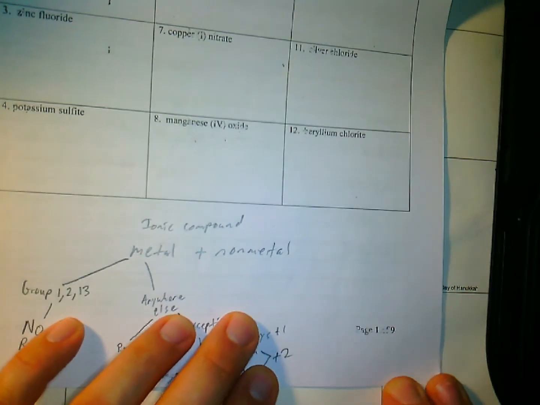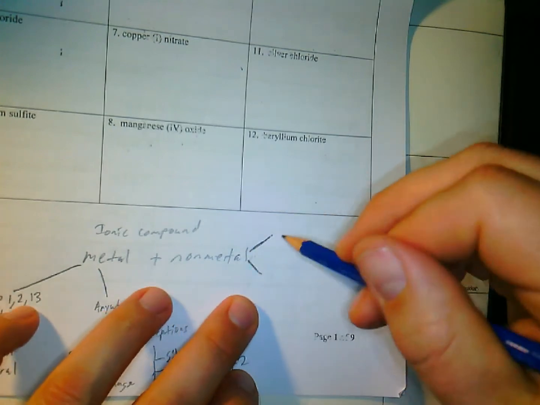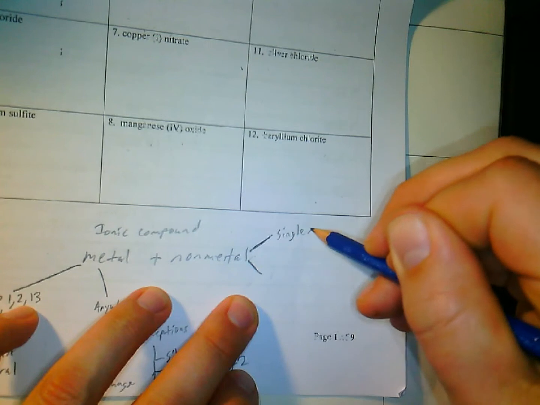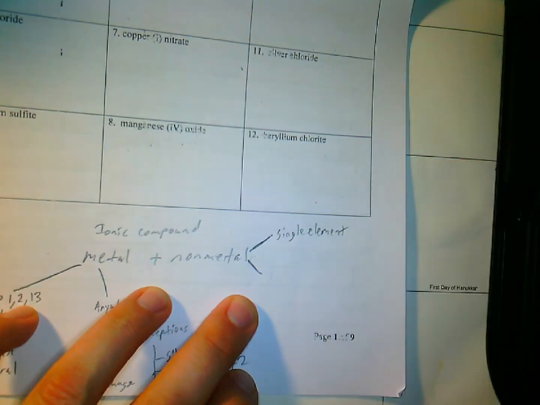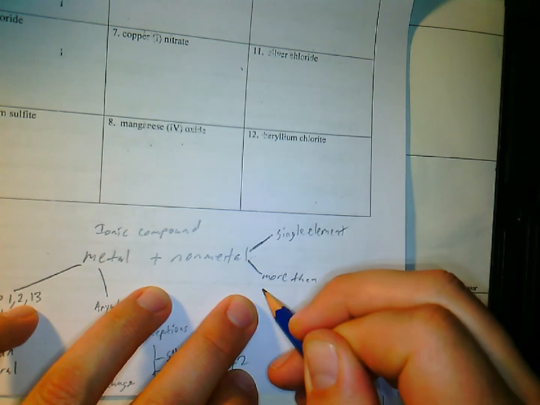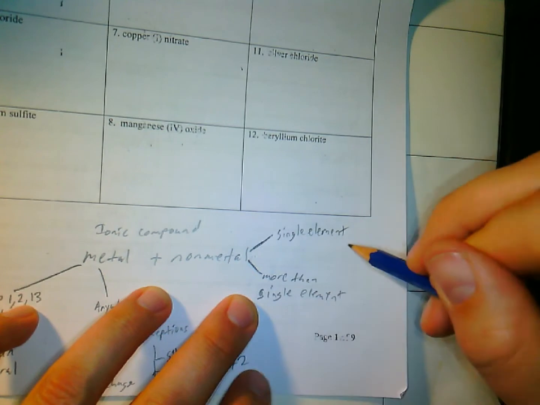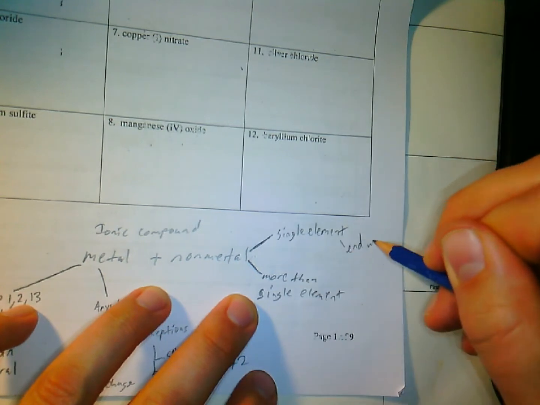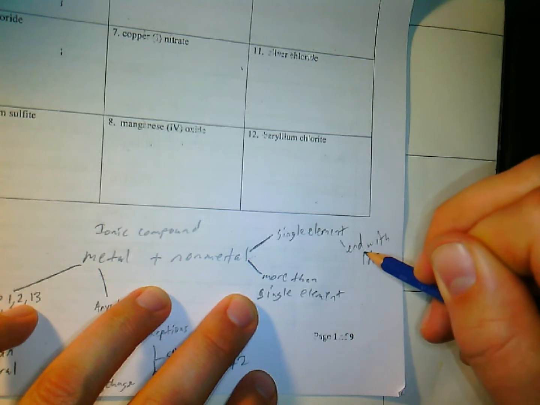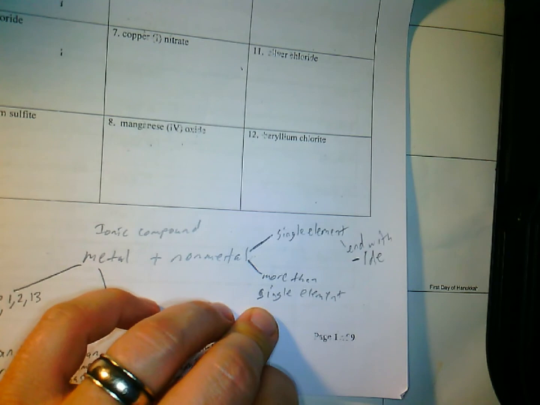For nonmetals, because this is what confuses a lot of students, you have to look at whether it is a single element, such as phosphorus or nitrogen or oxygen, or more than a single element. If it's a single element, then it ends in ide. Okay, ends in ide. Clear that up a little bit.